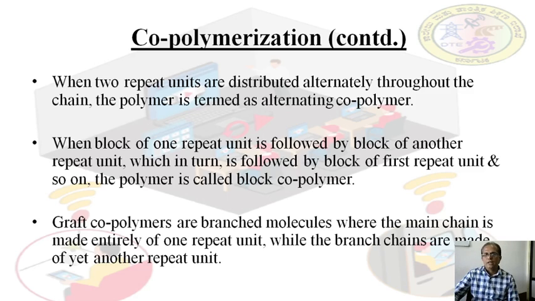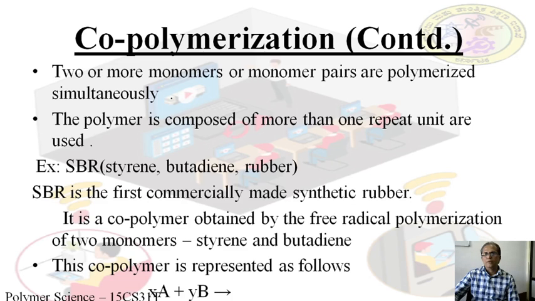So let us discuss copolymerization with some basic knowledge. When two or more monomers or monomer pairs are polymerized simultaneously, we get a copolymer. A polymer composed of more than one type of repeat unit is usually a copolymer.